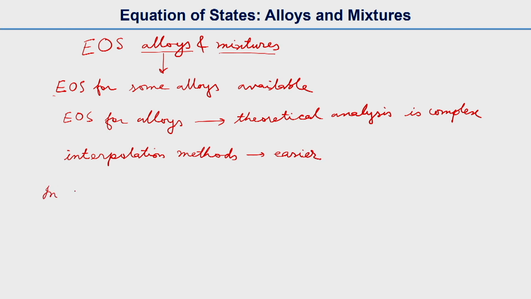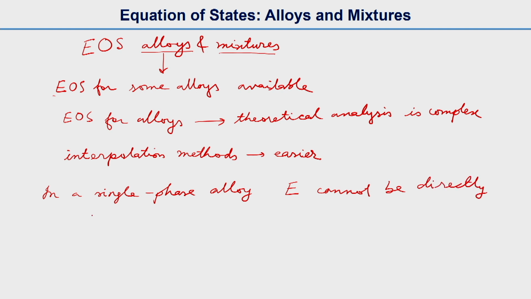For an alloy, let us say a single phase alloy, the specific internal energy E cannot be directly obtained from the E of the constituents. Why?